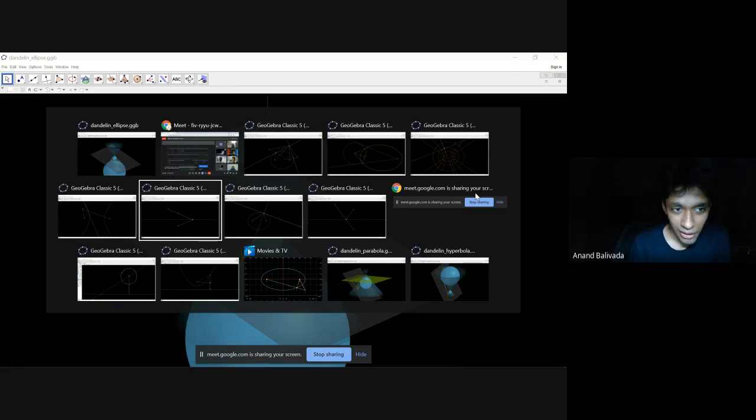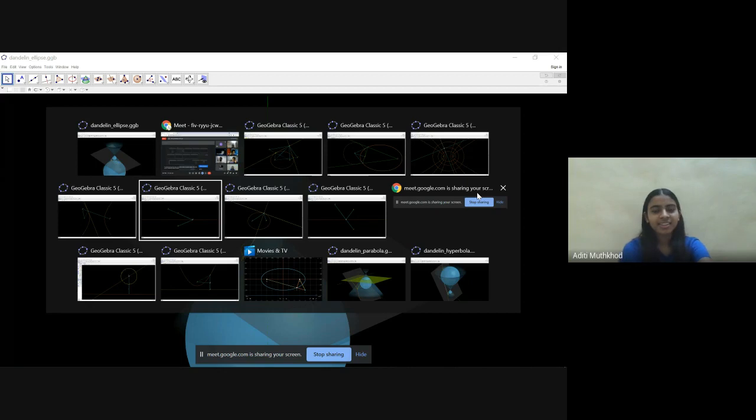You mentioned that Dandelin came up with the idea, but I'm not sure if you said that the spheres themselves are called Dandelin spheres. I know it's a minor technicality. It looks like a very simple thing after you have the spheres, but coming up with the spheres was such a magical thing that the spheres are named after him.